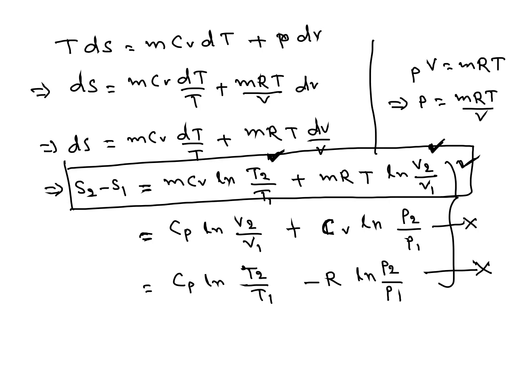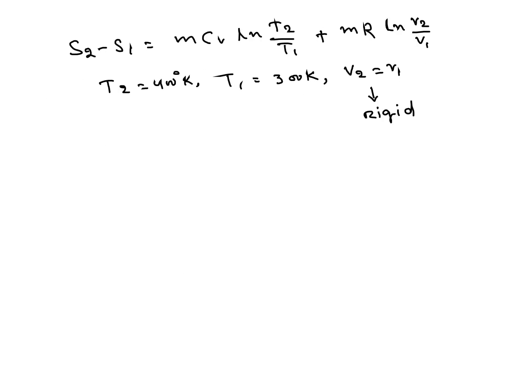So here we will use the temperature and volume condition. Temperature T2 we already got as 400 Kelvin and T1 is the initial temperature 300 Kelvin. It is rigid, so V2 equal to V1, so that term is 0.